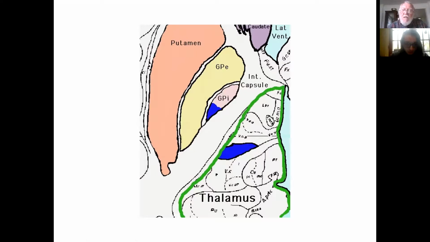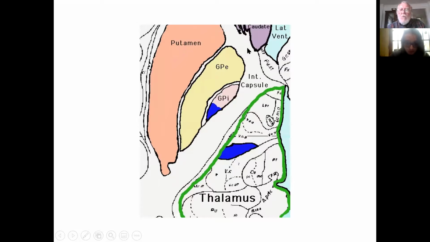The globus pallidus is divided into a pars externa and a pars interna, separated by the medullary laminae. One medullary lamina separates the putamen from the globus pallidus zona externa, and a second medullary lamina separates the zona externa from the zona interna.